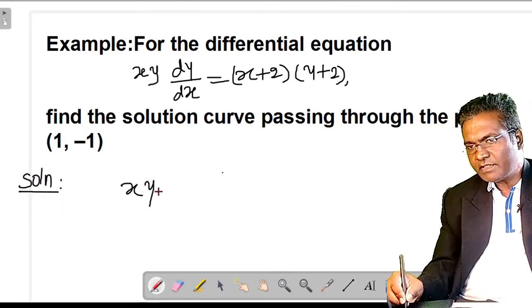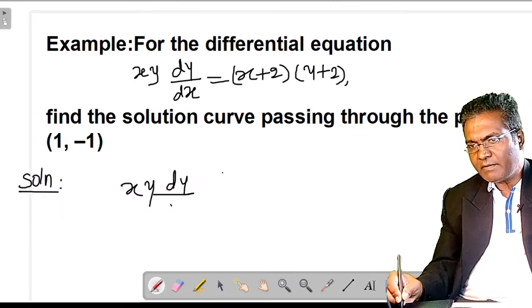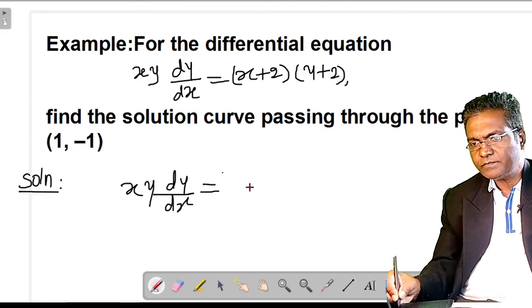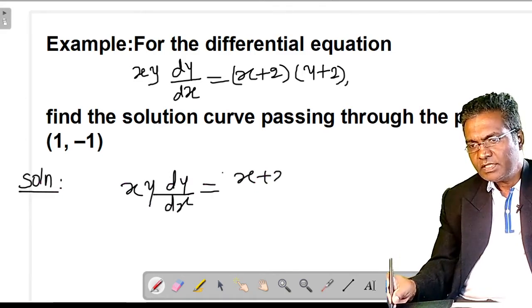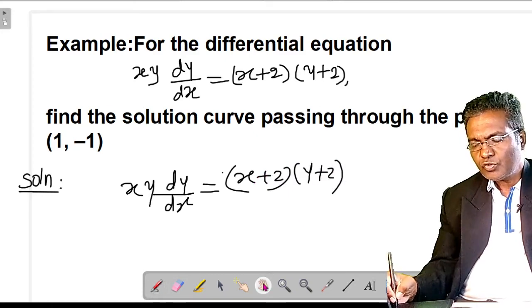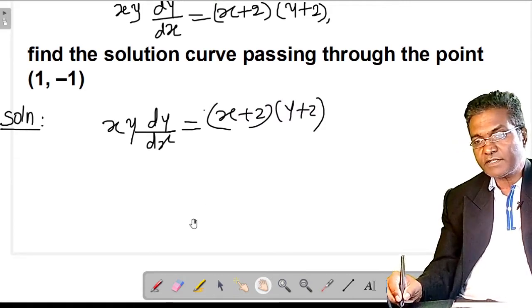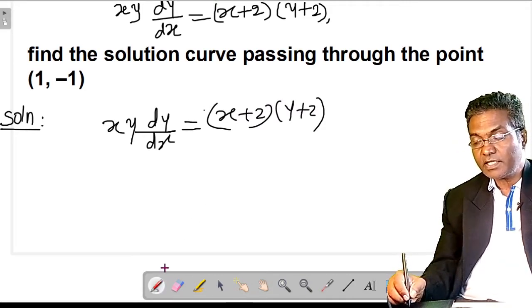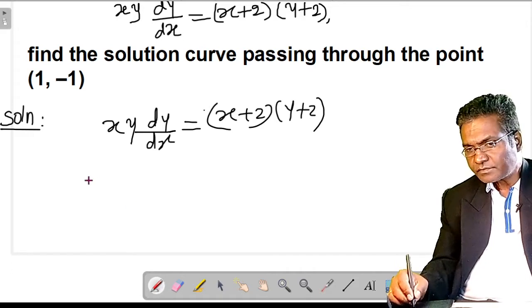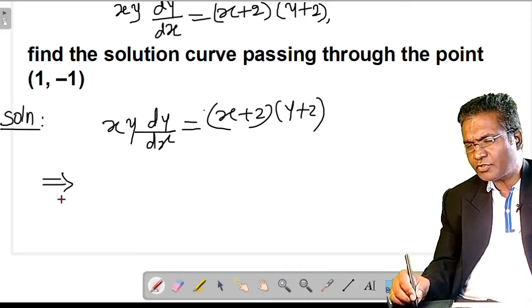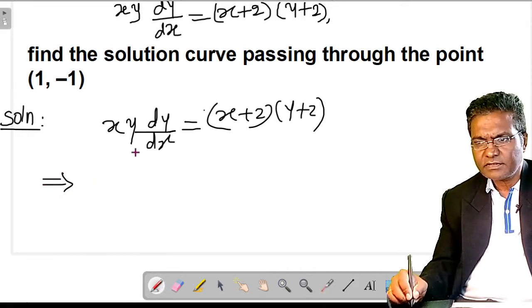So you are given xy dy by dx equals x plus 2 times y plus 2. Those who know the methods of solving differential equations and methods of evaluating integrations can only crack this.